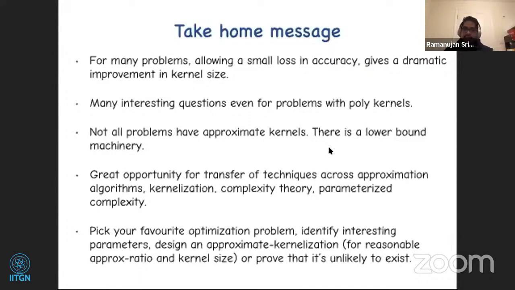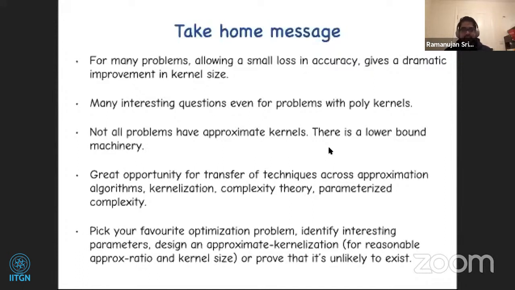And of course, as we just saw, there is also a lower bound machinery. So not every problem must have an approximate kernel. So if at some point you get stuck and you seem to encounter some fundamental obstacles towards designing an approximate kernel, I think that would be a good starting point to think about lower bounds for those problems.